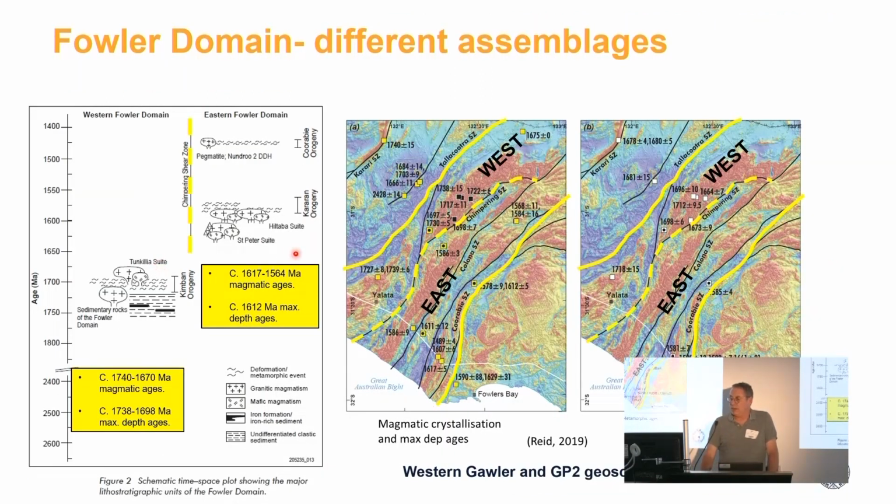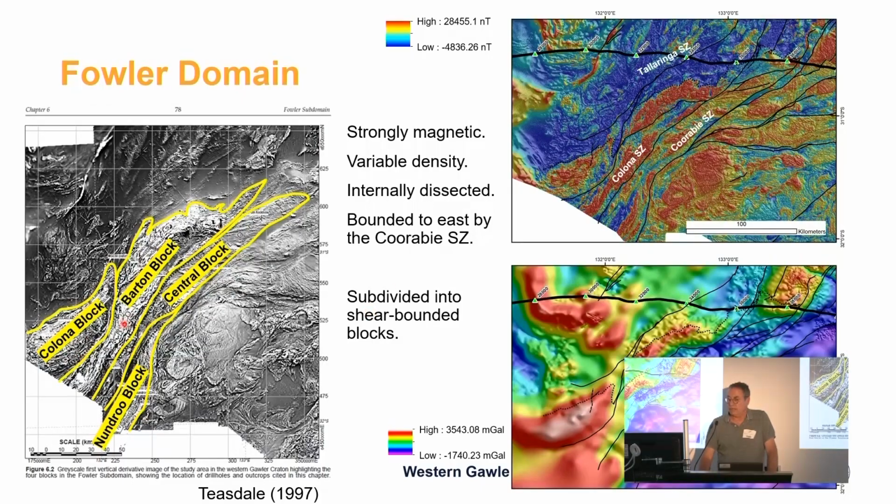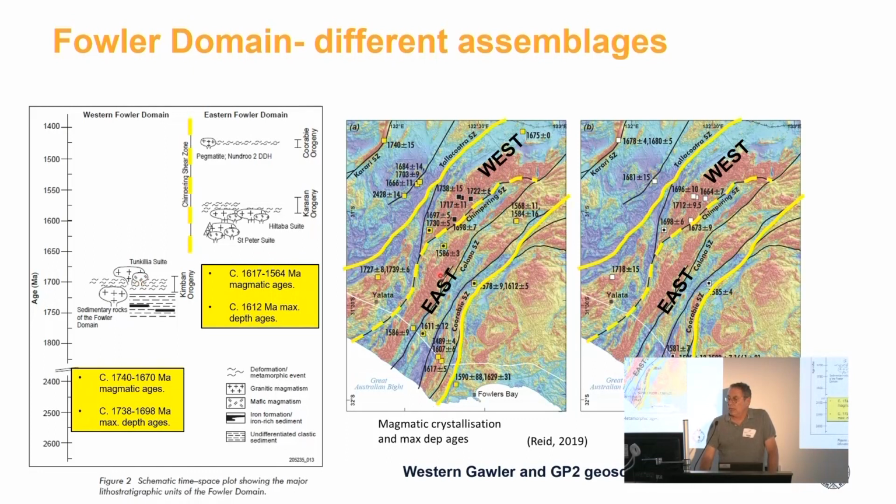Anthony Reid, a few years ago, did some work when he was with us, and he found that there's a line, and if you go back, Teasdale had a boundary with the Kelowna block, but he had this Barton block that came across. Anthony found, so this would be the Barton, this is the Kelowna. There's actually a boundary that comes through here, where the rocks to the west are magmatic rocks of the Peter Pan supersuite, Tunkilia suite, with contemporaneous metasedimentary rocks.